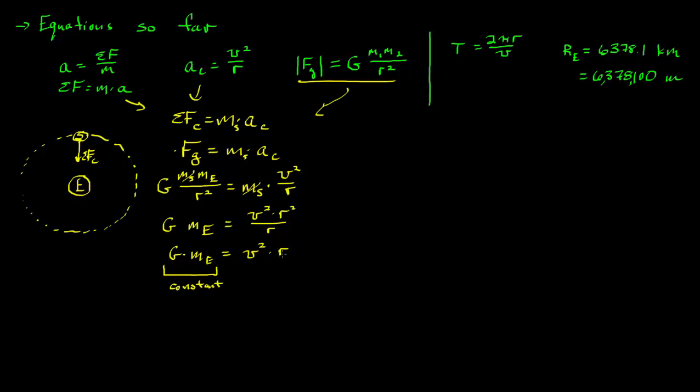The other way to think about this, if I moved r back over, this would be GMe, the constant, times 1 over r is equal to v squared. So we see that v squared is proportional to 1 over r. So the further away you get, the slower the object goes. So you have slower velocities up higher, away from the Earth. It'll slow down. Very close to the Earth, it's very quick.